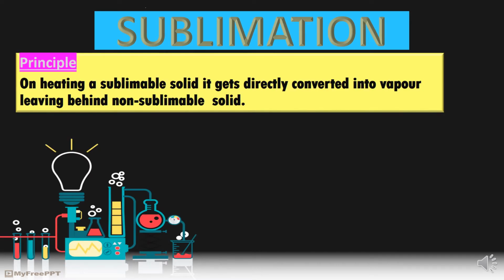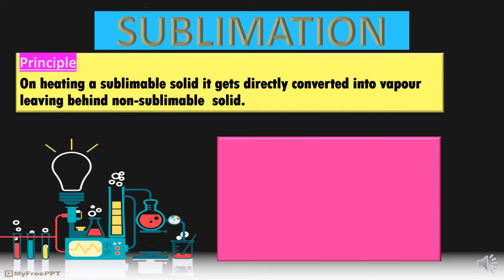The principle of sublimation is that on heating a mixture of two different solids, the solid which is sublimable or volatile and easily converted into vapor gets separated out in the form of pure vapors, leaving behind the non-sublimable solid.